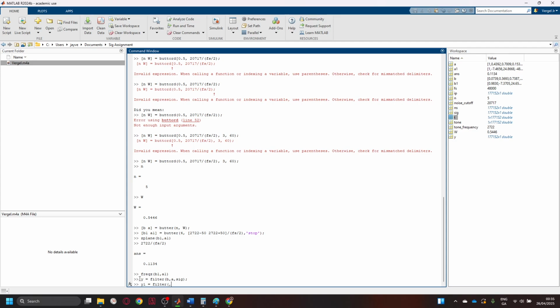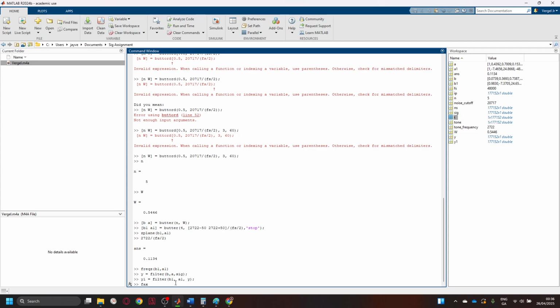For this, we're going to use the output of the previous one, which is y. So it's going to be b1, a1, y. Then you've got to use the max, 0 to the length of IP minus 1, divided by the length of IP multiplied by Fs.